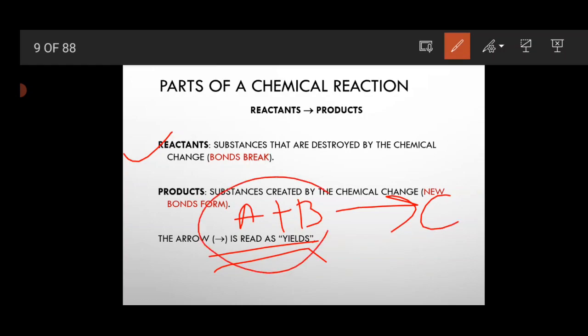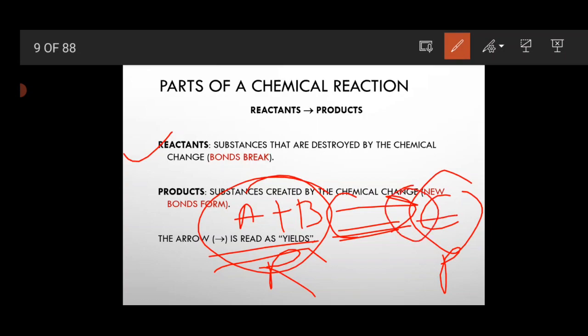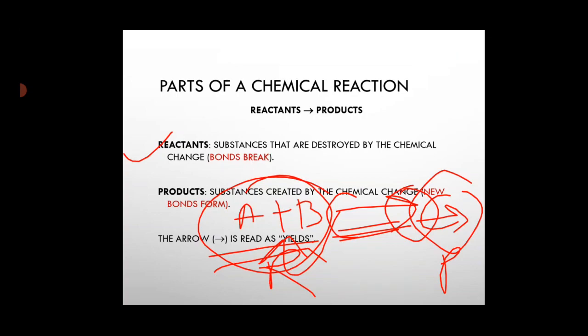In order to make a difference between reactant and product, we put an arrow sign. The head of the arrow points towards the product, and the tail of the arrow is towards the reactant. So basically there are two parts of a chemical reaction, the reactant and the product.